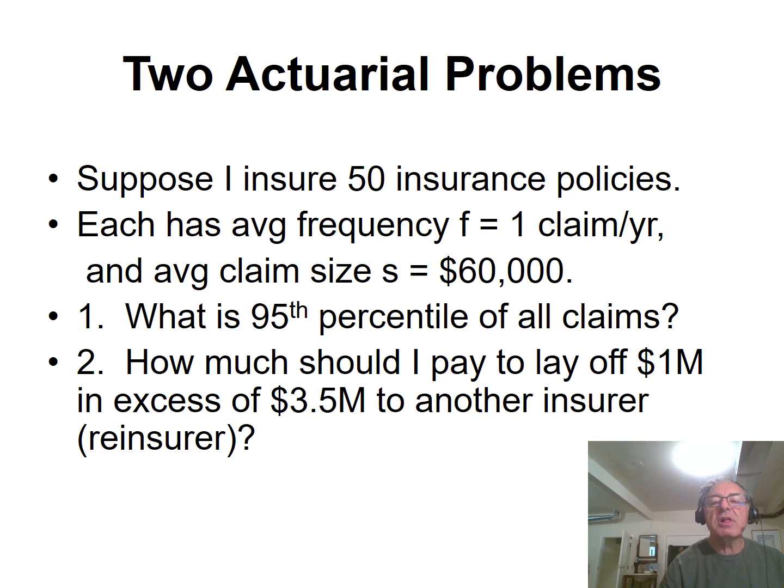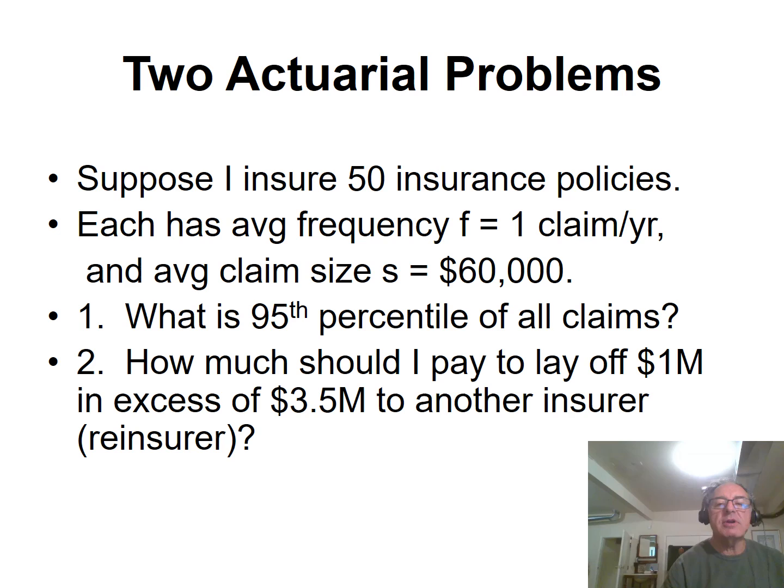And similarly with claim size, just because the claim size is $60,000, that certainly doesn't mean everyone's claim is $60,000. Most claims are small, like a fender bender. Not everyone has a full loss to a $60,000 vehicle, or a liability claim of $60,000.